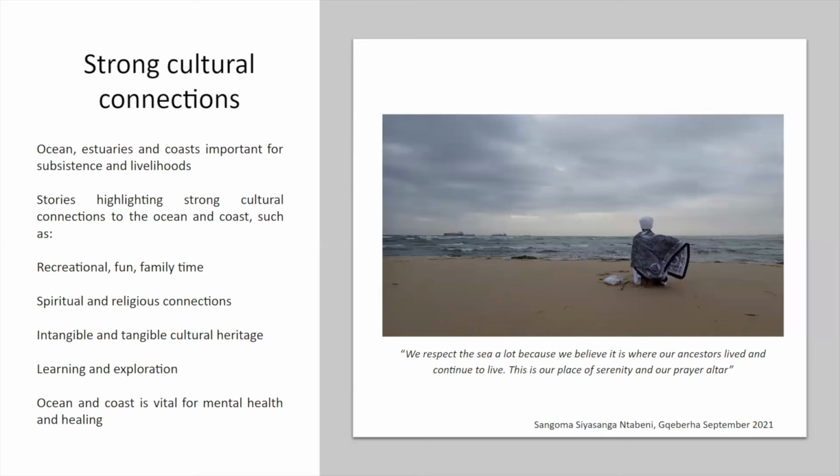And what came out really strongly as well is that the ocean and the coast is vital for health and healing. And beyond this, we also found, in terms of the mapping, that what was really important was looking at future connections, because the present can't really show the reality that people want to see.